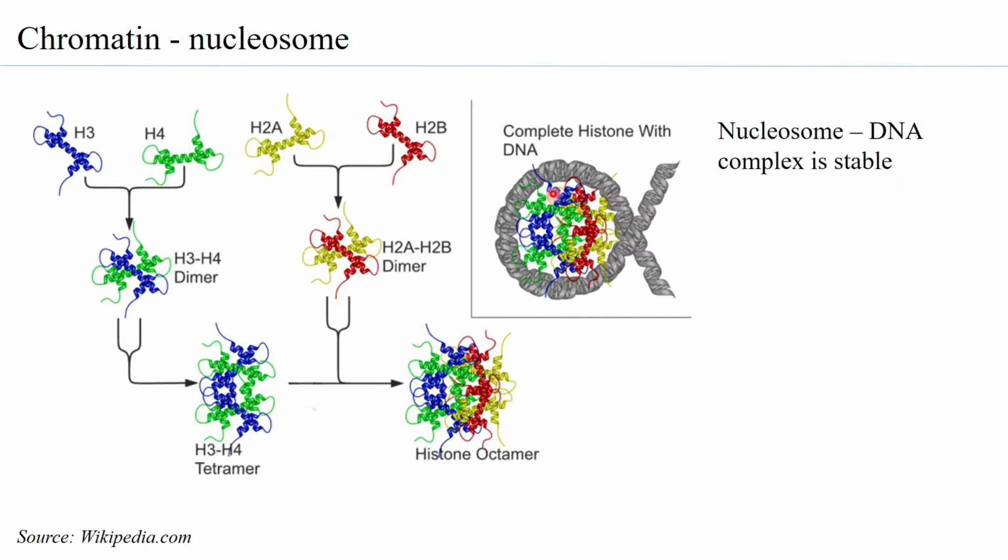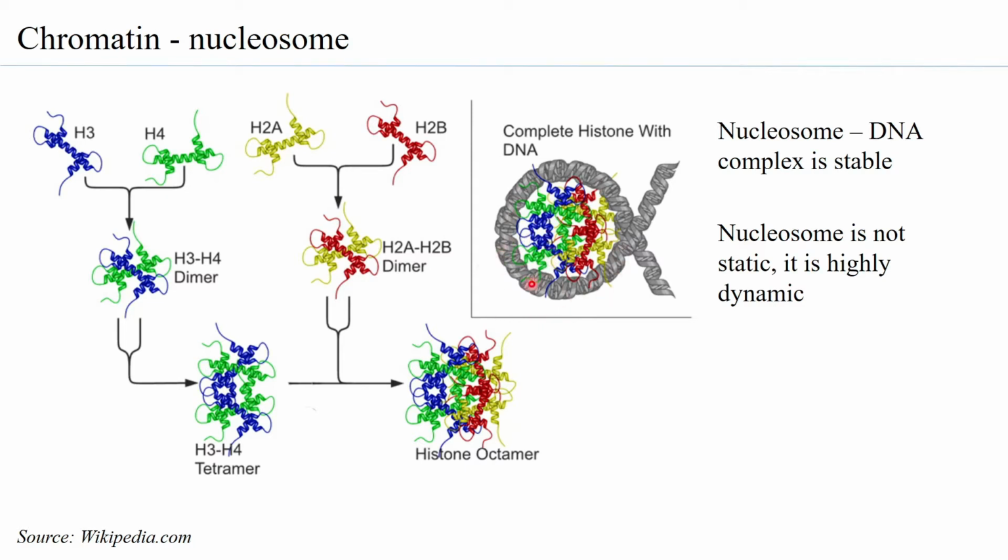The nucleosome DNA complex that is formed is therefore a stable conformation, and although it looks static, it is not really a static structure. It is highly dynamic. That means you can see various changes happening within this structure, and that is why we call it nucleosome modifications or nucleosome modifiers.